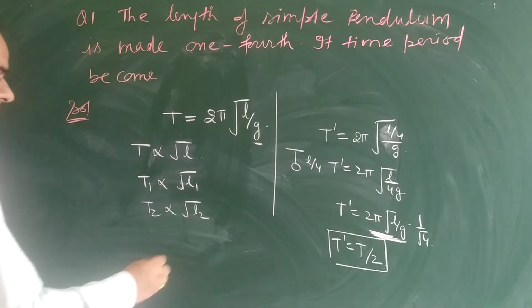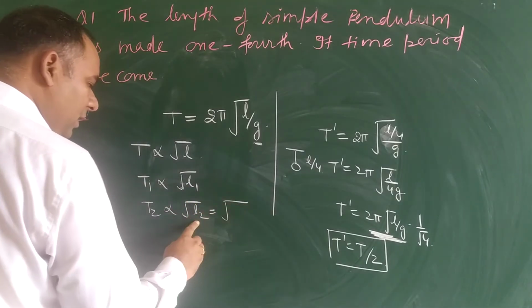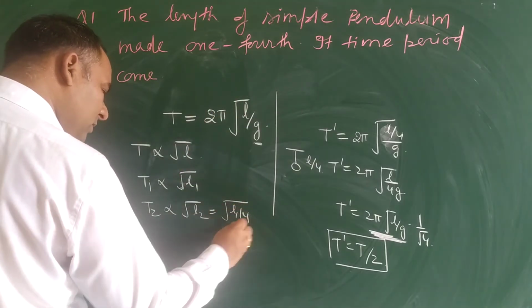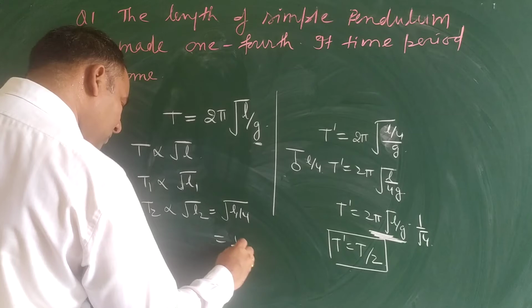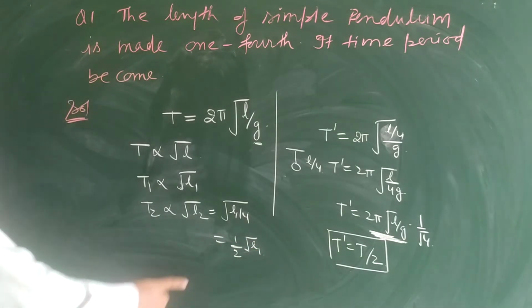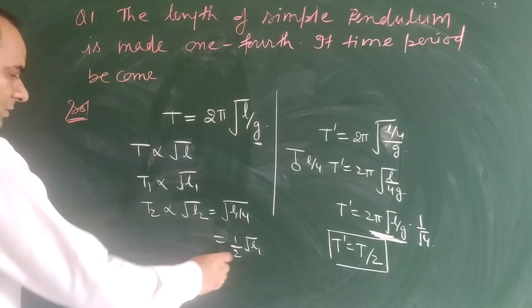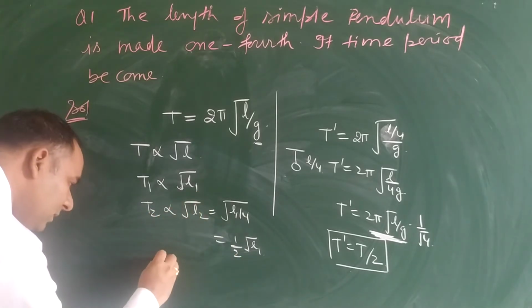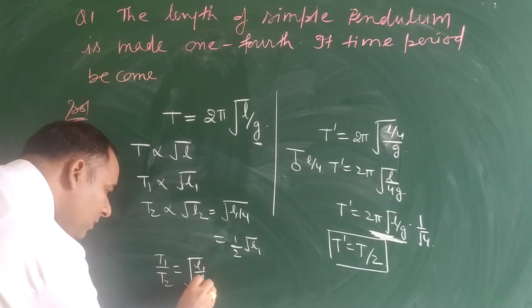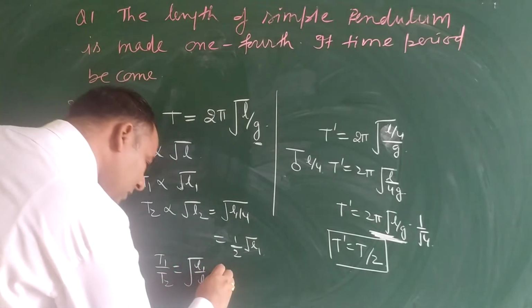The second length of the pendulum is L by 4, so T2 is equal to 1 by 2 under root L1. Dividing both terms, T1 upon T2 is equal to under root L1 upon L2.